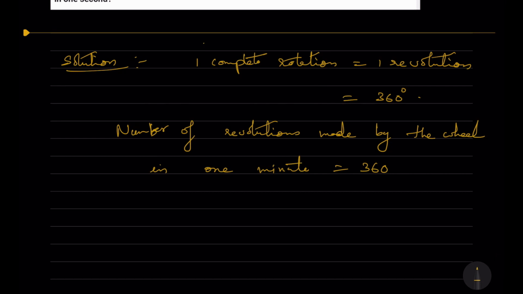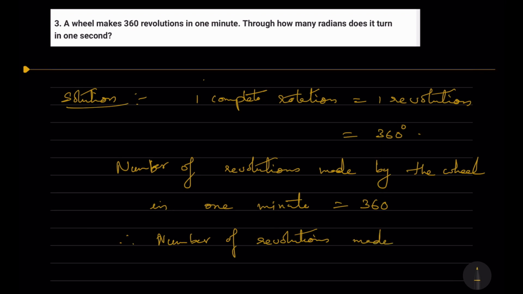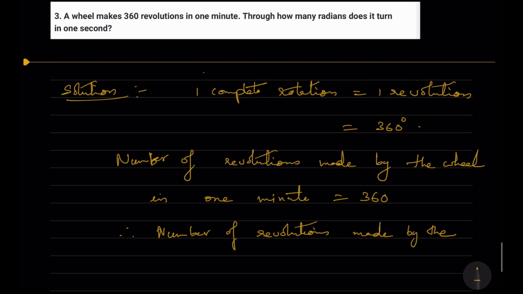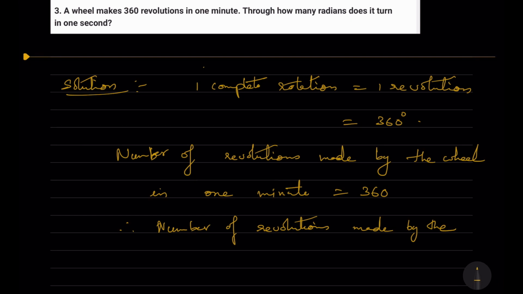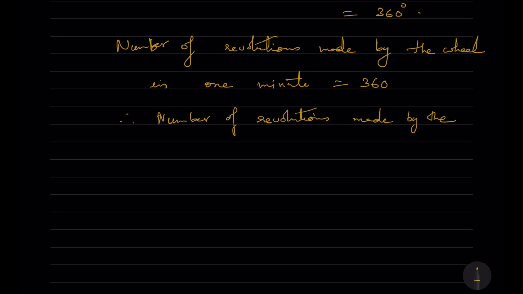Now therefore number of revolutions made by the wheel in 1 second, because we have to find out through how many radians does it turn in 1 second, is equal to 360 by 60, because you know that 1 minute is equal to 60 seconds. So therefore here you can see that this is equal to 6 you're getting.